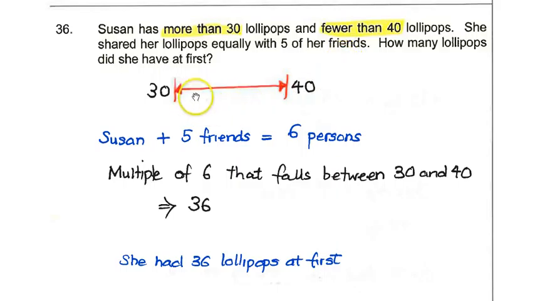The number is from 31 to 39. They share with 6 persons. Now the multiple of 6 that falls between 30 and 40 is only this, 36. No other. So she actually had 36 lollipops at first. Pause this video and study this again.